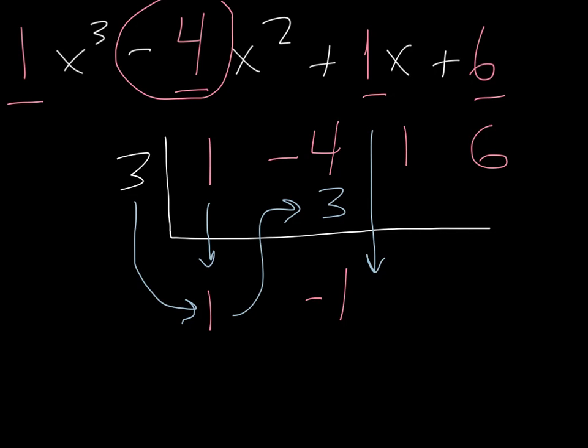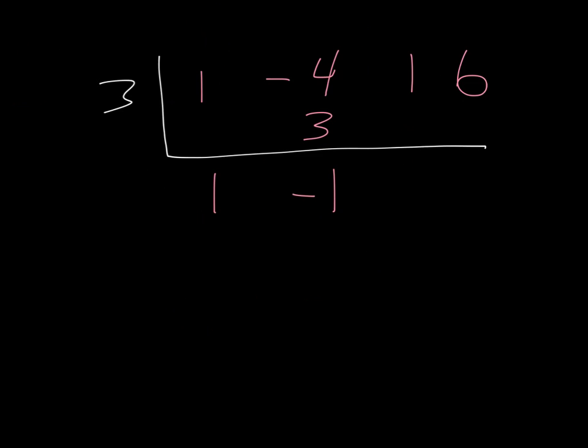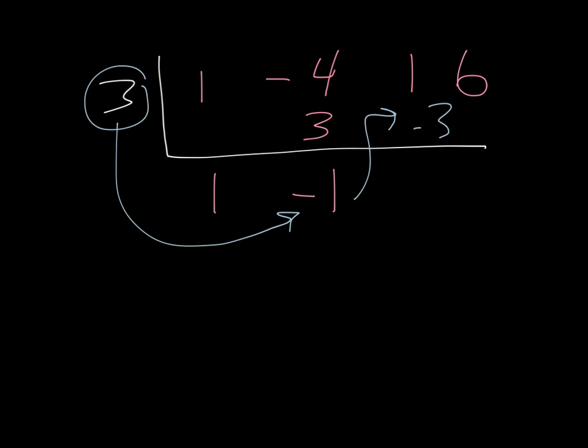And then we repeat this process. So we take this 3, we multiply by the negative 1, gives us negative 3. And then we add down, gives us negative 2.